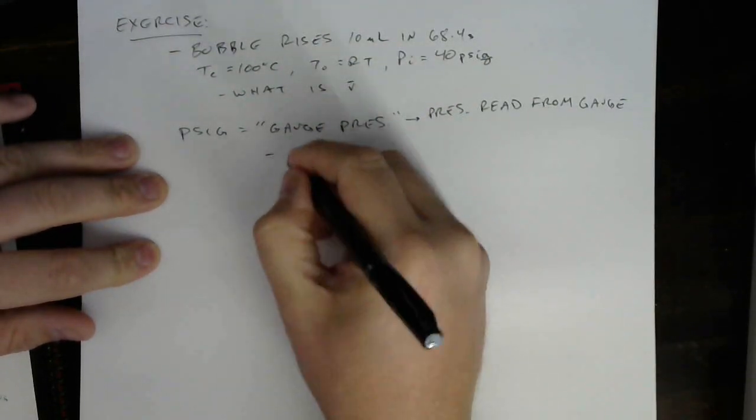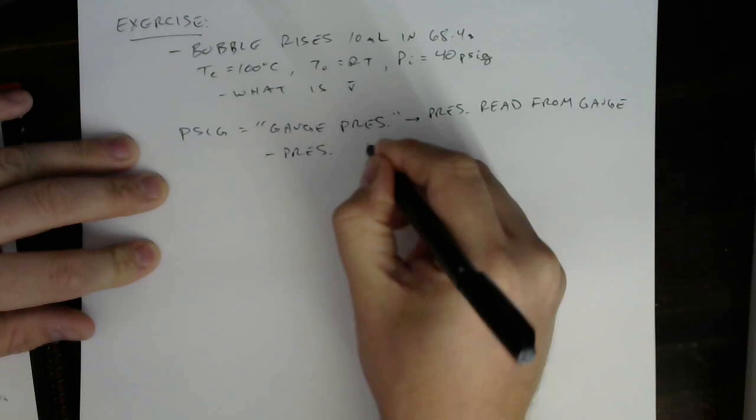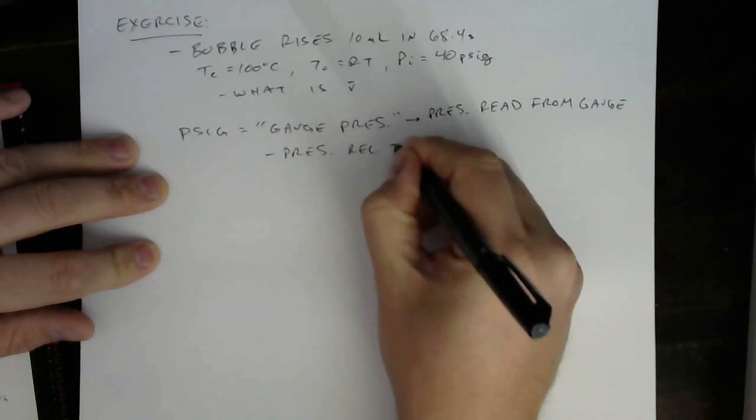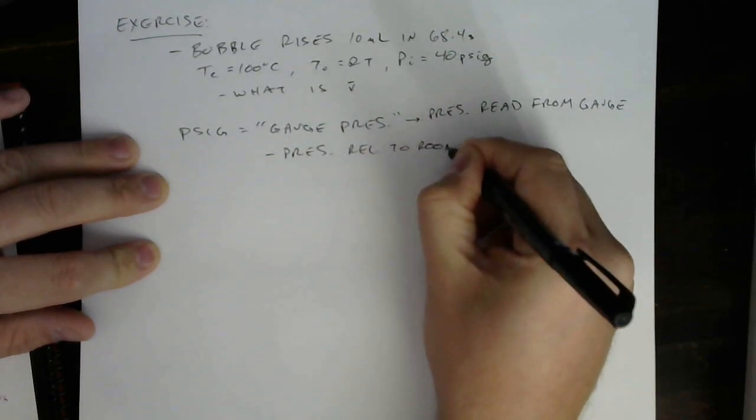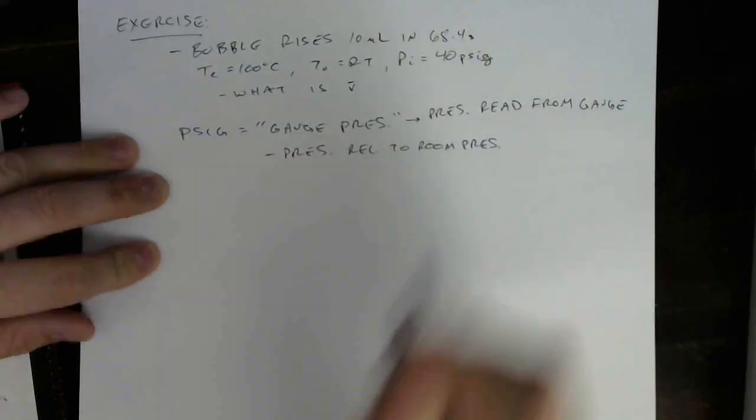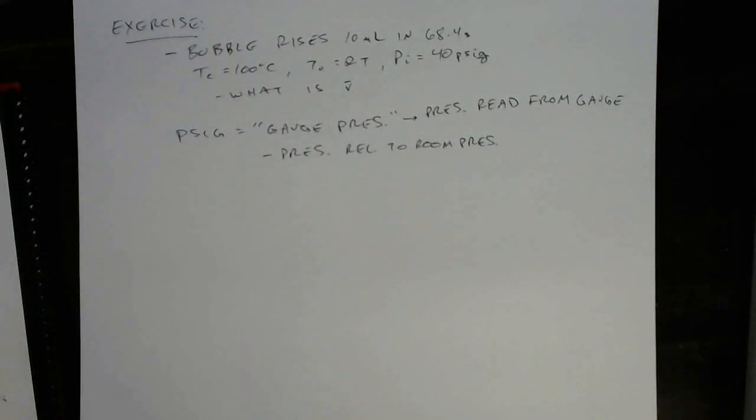So psiG is the pressure relative to room pressure, right? That gauge compares the pressure of the gas cylinder, or the pressure of the flow, whatever you're setting the regulator to, to the pressure of the room. But the thing that we have to remember is that we have an ambient gas pressure in the room.